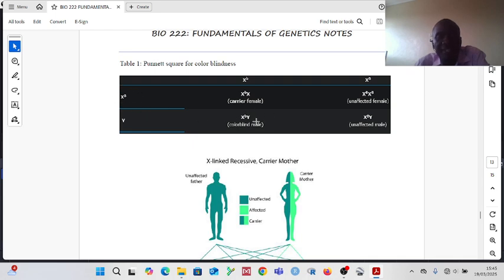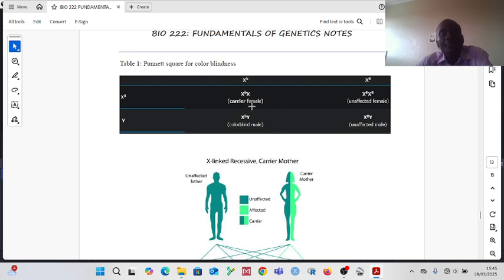The son will have inherited the Y chromosome. The Y chromosome does not have any gene that will help to mask this recessive one. So the recessive trait in the child who is a son here will be expressed, but the recessive trait carried by the female will not be expressed.